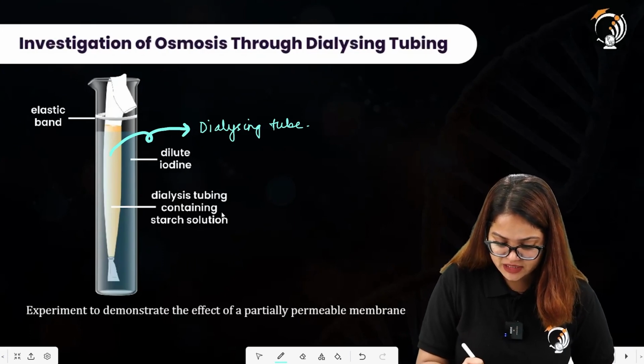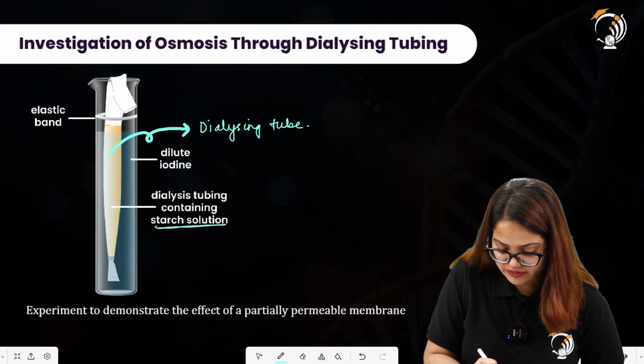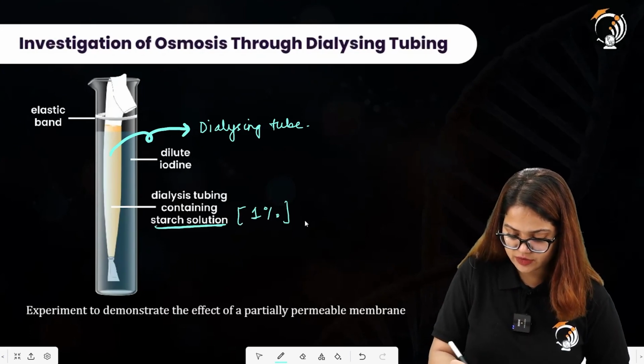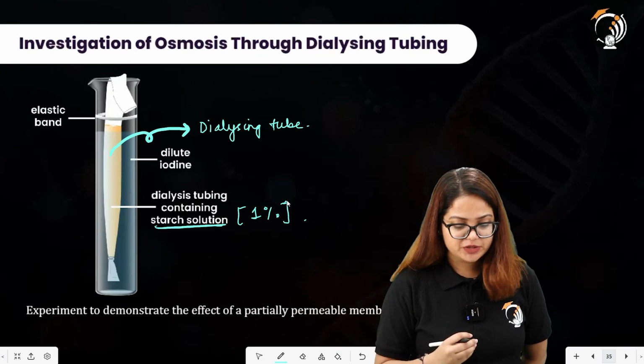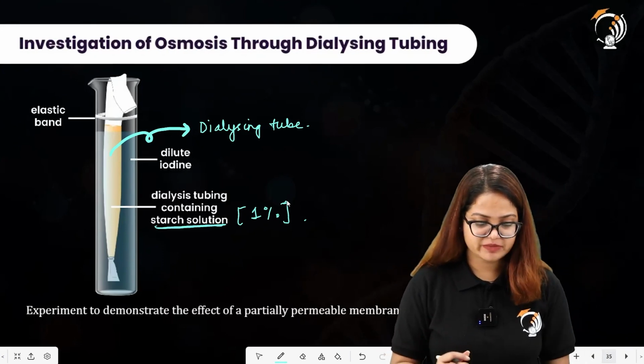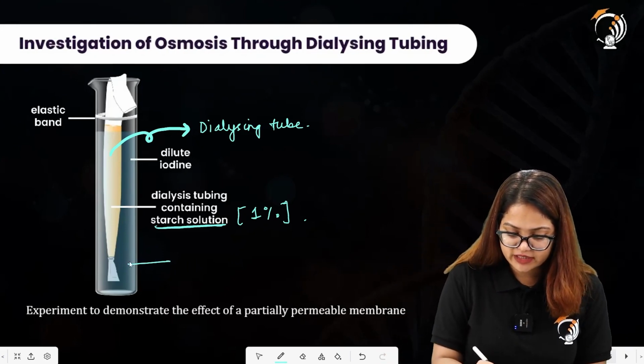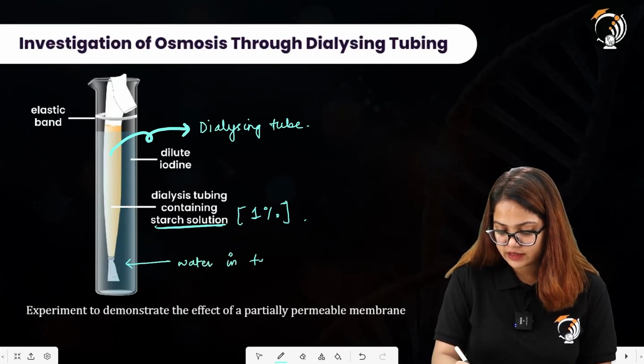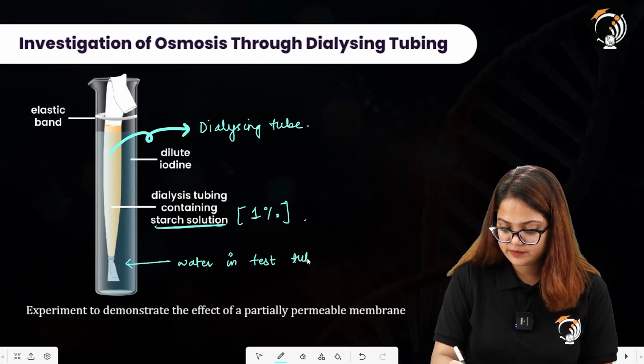The dialysing tubing contains starch solution, and here we have the 1% starch solution. Experiment to demonstrate the effect of a partially permeable membrane, and this is the test tube here that has water in it.